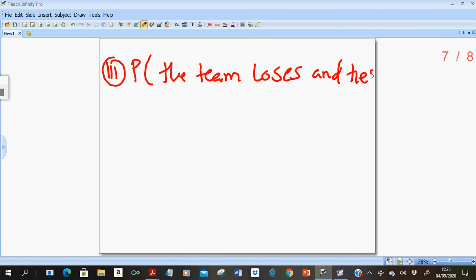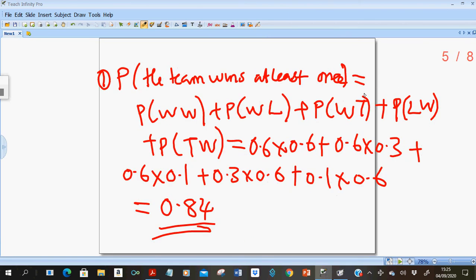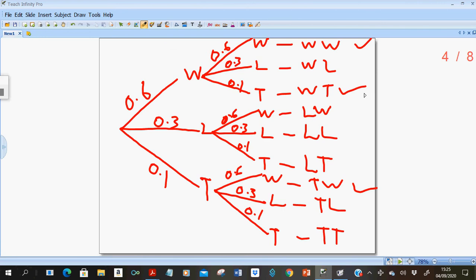So we go back to our tree diagram again. Wins, losses and ties.